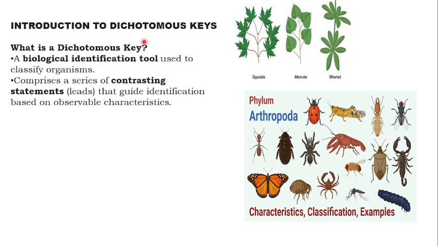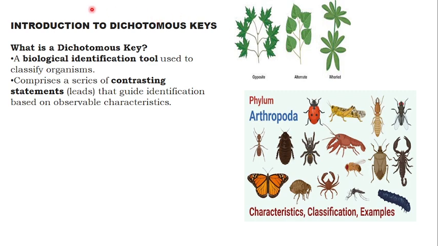Remember, our unit is introduction to classification. How can you classify organisms? To say that this organism is in the kingdom Animalia, this one is the kingdom Plantae, kingdom Monera, what are we basing on? We are basing on physical characteristics of the organism. One has chlorophyll, another doesn't have cell walls.